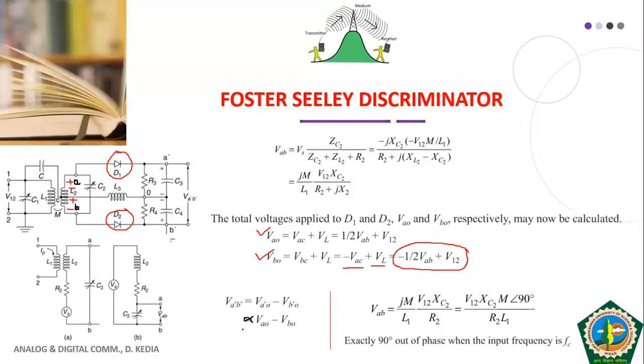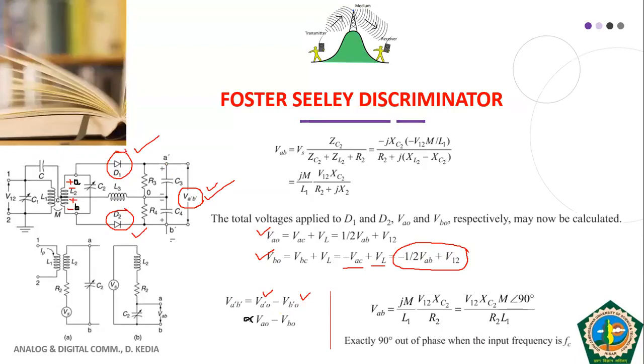Then what is our aim? Our aim is to obtain the output voltage. And what is the output voltage? VA'B'. This output voltage is equal to the difference of the upper circuit and the lower circuit. I told you that these are 180 degrees out of phase. So VA'B' will be equal to VA'O minus VB'O.